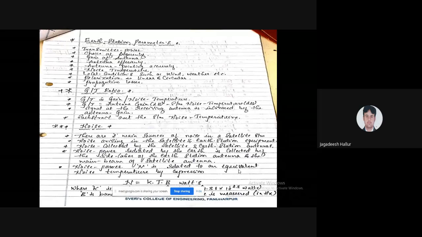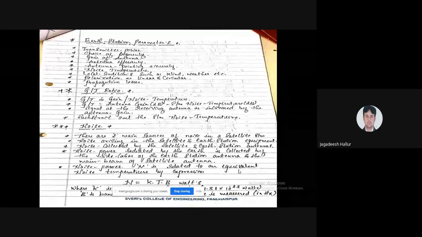If there is a gain, there is also a sum of losses present in a satellite. These are the main important parameters useful for the Earth station: transmitter power, choice of frequency, gain of antenna, antenna efficiency and accuracy, noise temperature, local conditions of wind and weather, polarization, linear and circular, and propagation losses.